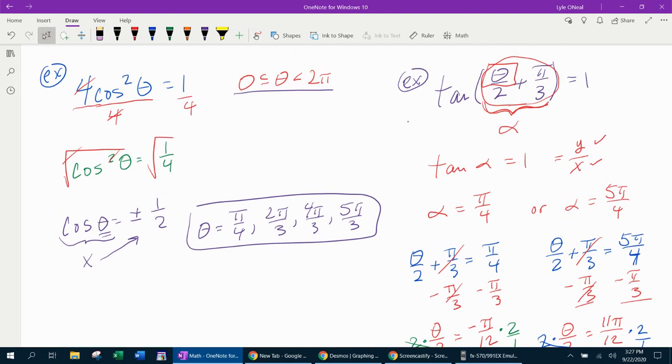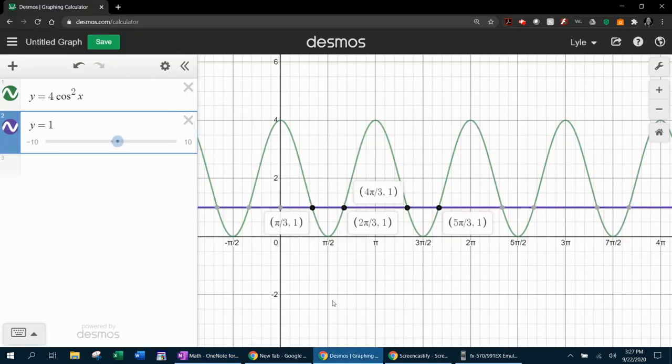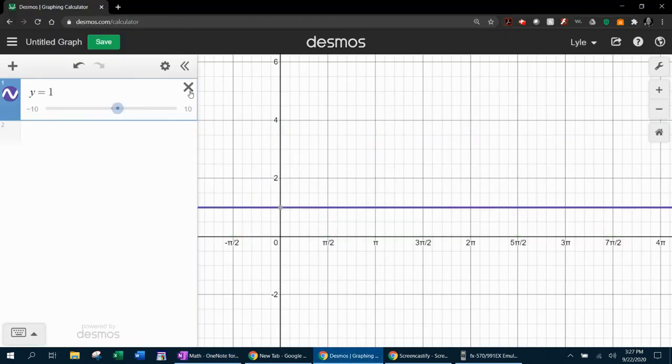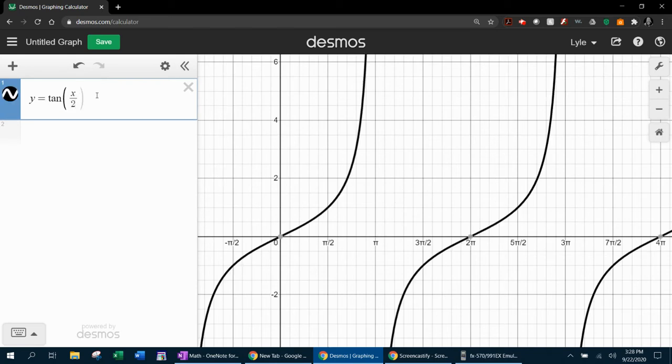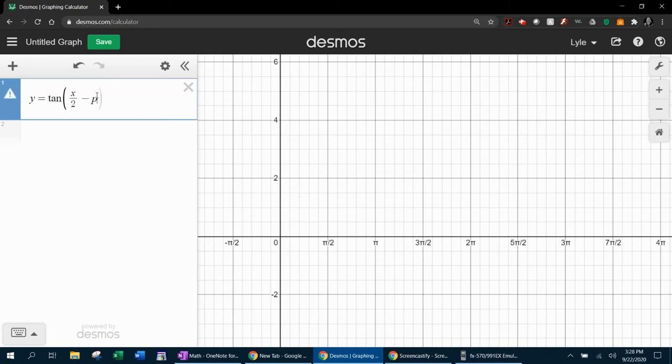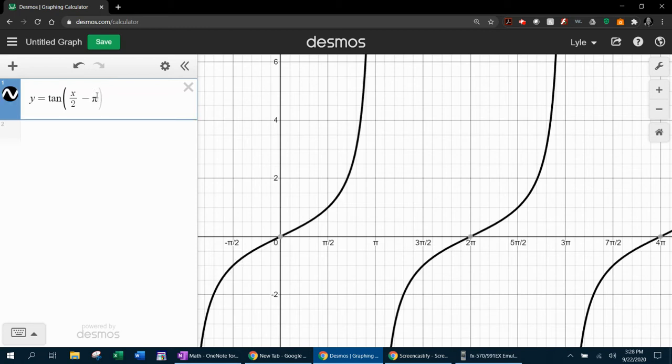So what I want to do is verify that with Desmos. We're doing tangent of theta over 2 plus pi over 3. Y equals tangent of theta over 2, I'm using x for theta, minus pi over 3.